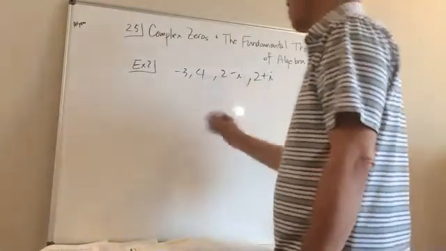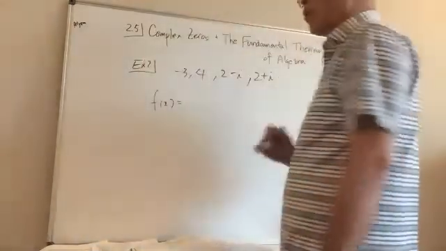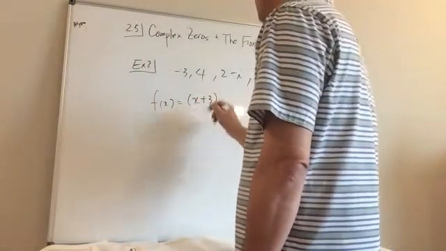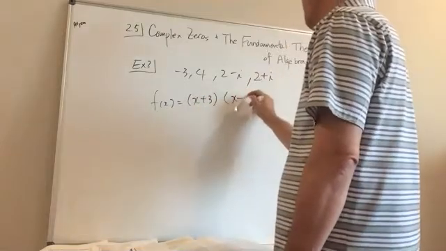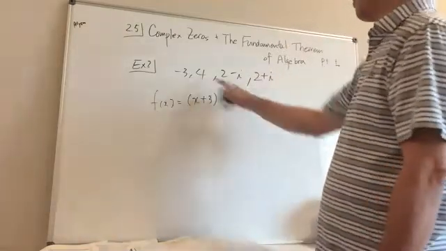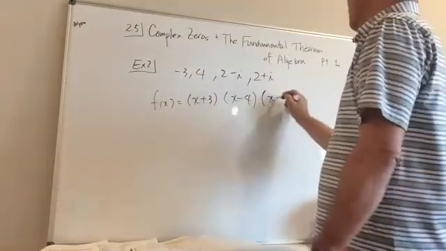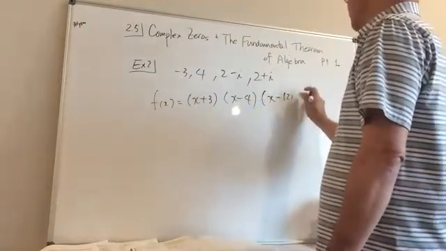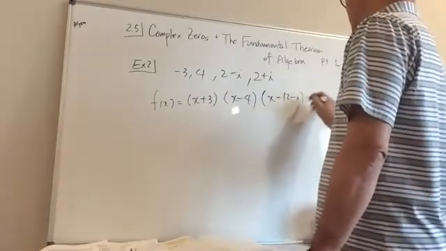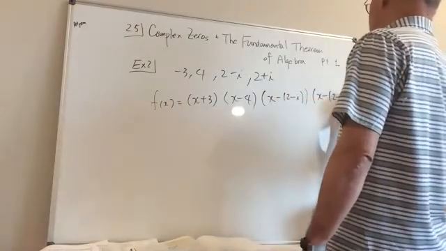I need to come up with a polynomial that has these 4 as roots. So I'm going to put them into linear factorization mode: from -3, I get x plus 3; from 4, I get x minus 4; and then I get x minus 2 minus i, and x minus 2 plus i.